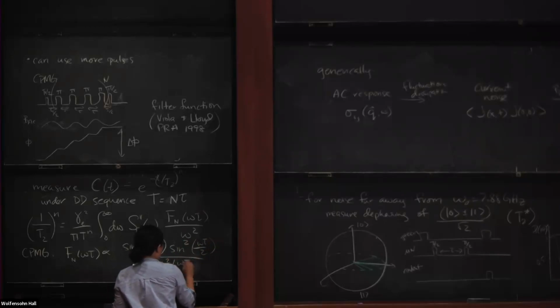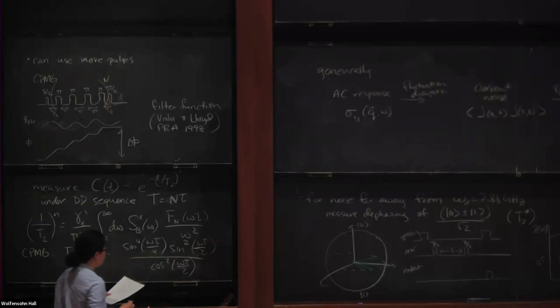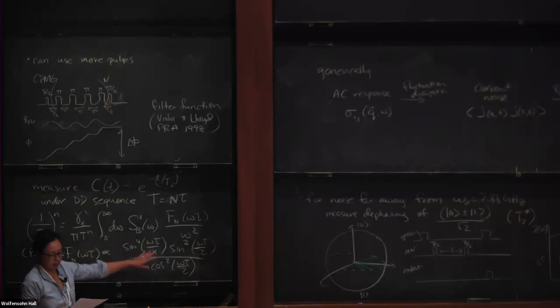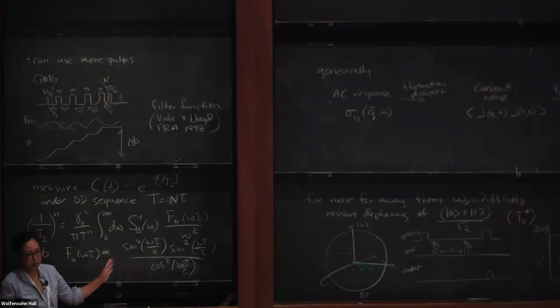It doesn't really matter what it looks like. I think it's pretty clear that this is going to be very sharply peaked around some omega that looks like pi over tau. Okay, so loosely speaking, I put in a whole bunch of pulses, I pick a window, and then that's how I'm going to do these measurements.